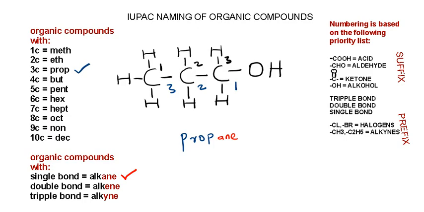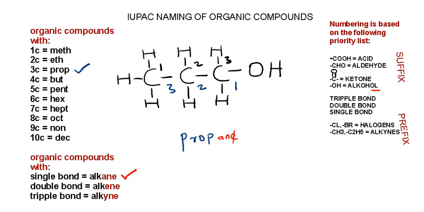Now let us check for the functional group. We have identified a functional group here belonging to alcohol. Now, for alcohol, we are going to take OL from alcohol and replace this E with OL.